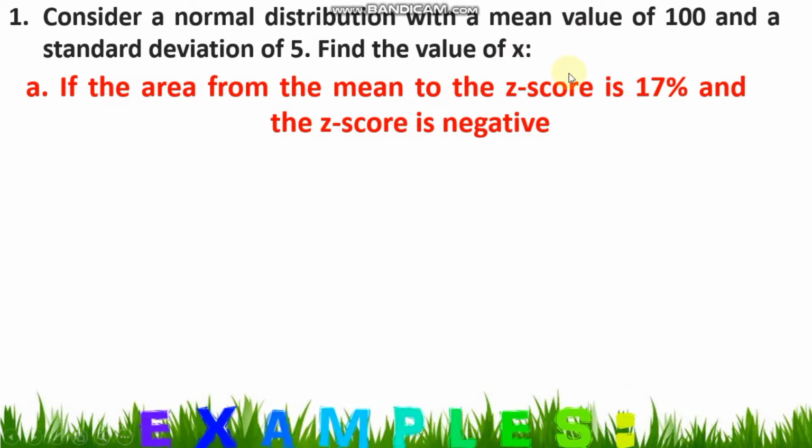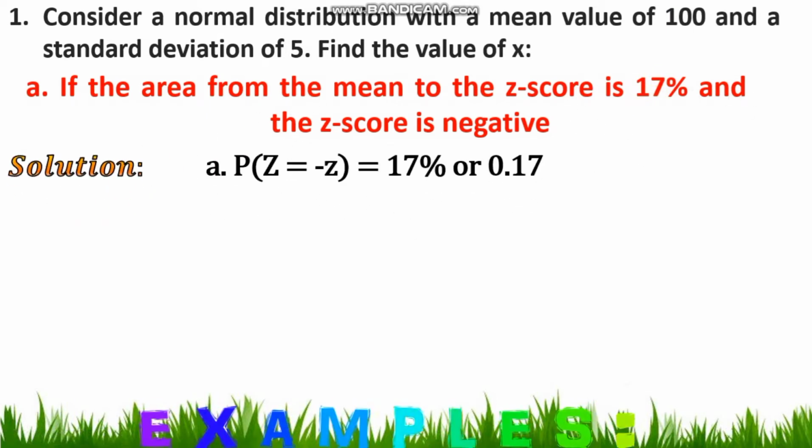So we cannot directly find the value of z-score by just using our formula z is equal to x minus mean over standard deviation, because this z-score is unknown and at the same time the raw score is unknown. So we cannot directly use that formula. What we will do is utilize this given 17%.